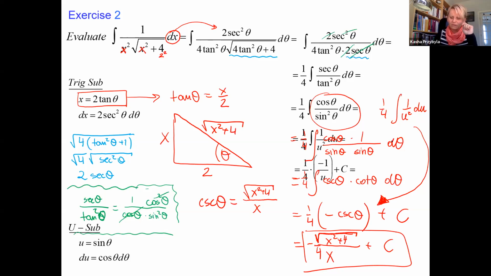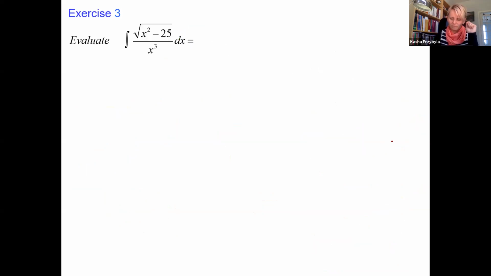Okay, another nice one: the square root of x squared minus 25. It will be secant. What coefficient in front of the secant? 5. Really good. X will be 5 secant theta. Dx will be 5 secant theta tangent theta d theta, that's the derivative.